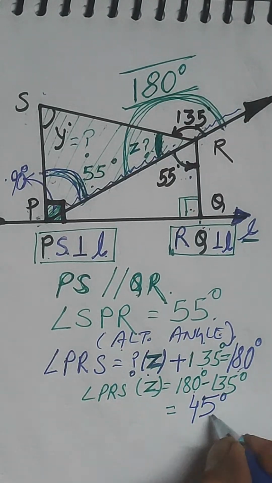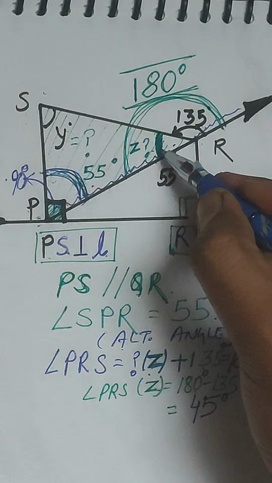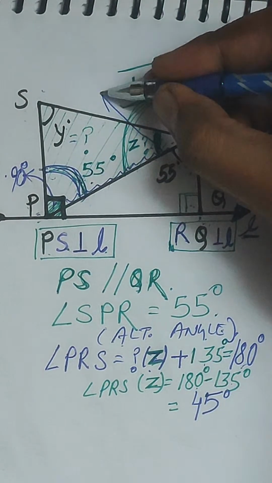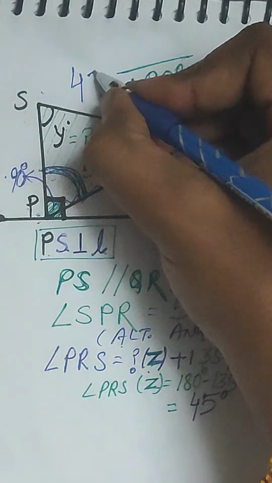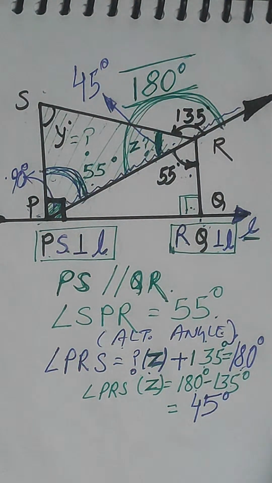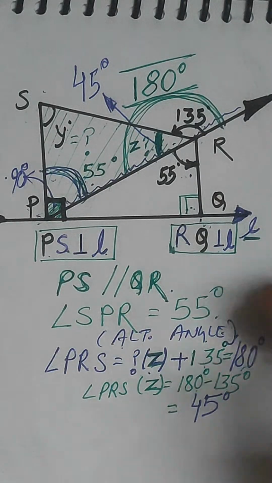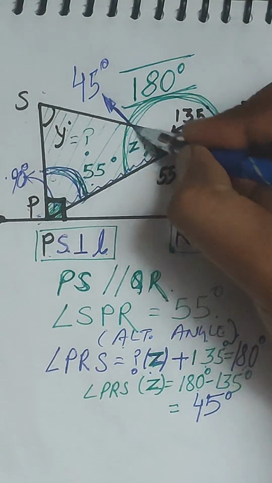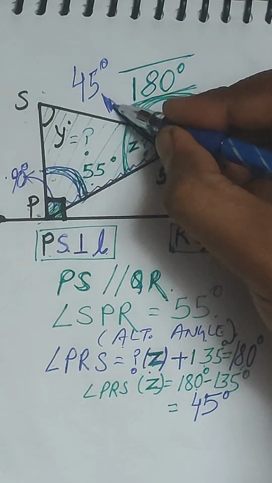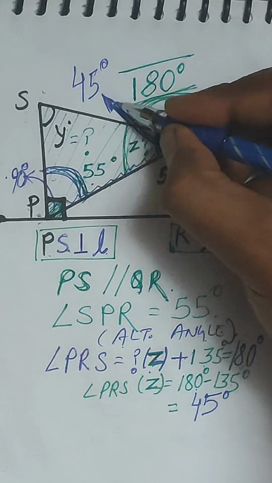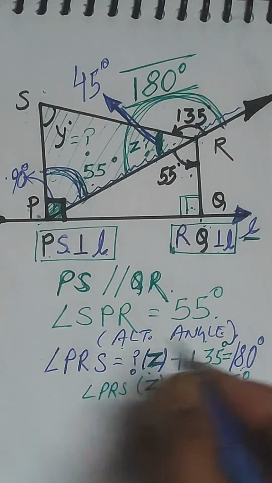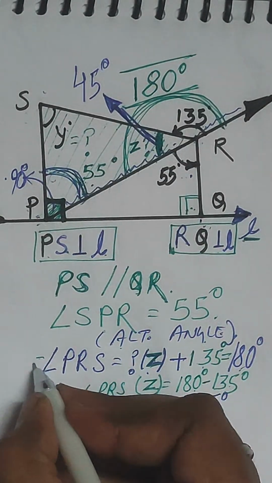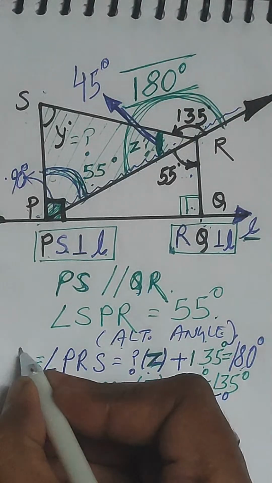So 45 degrees is the value of angle Z. Then the value of angle PRS is calculated, and that is 45.